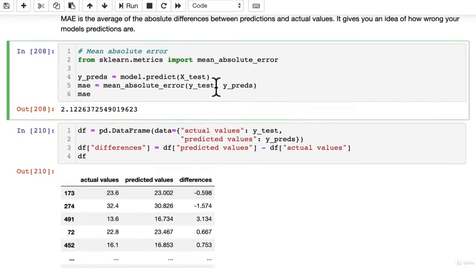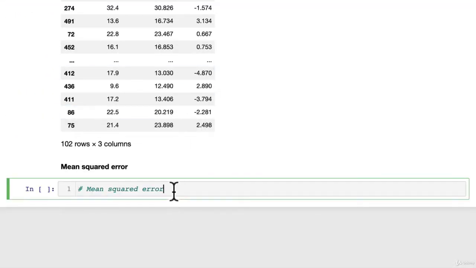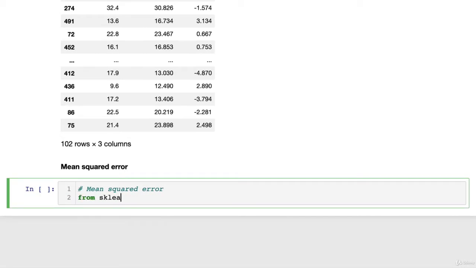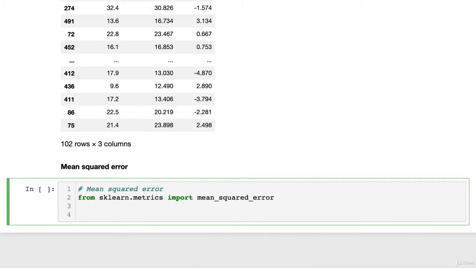If not, again, perfectly fine. So if we come down here, from sklearn.metrics import mean_squared_error. Wonderful. And so we're going to do it basically in the exact same way. So MSE equals mean squared error, except this time instead of using absolute, we're going to be using squared.